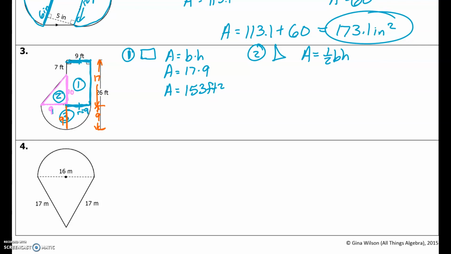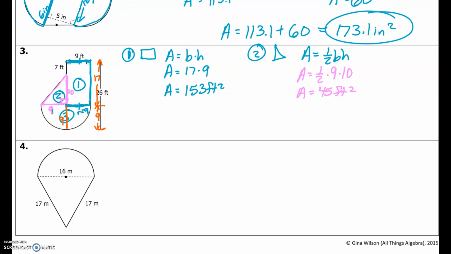So that length is 10, and we do end up having our height and our base. So our area is going to end up being 1/2 times the base, which is 9, times 10. 9 times 10 is 90, divided by 2 would just give us 45, and that's going to be 45 feet squared for the area of that triangle.